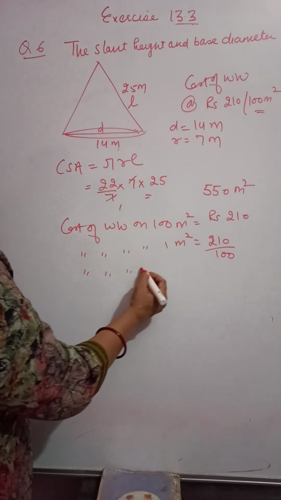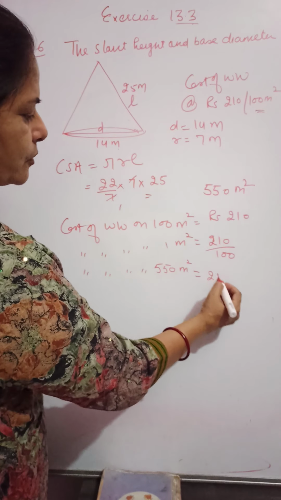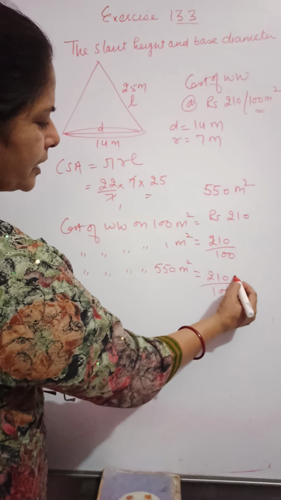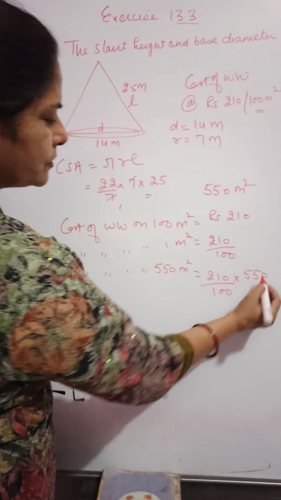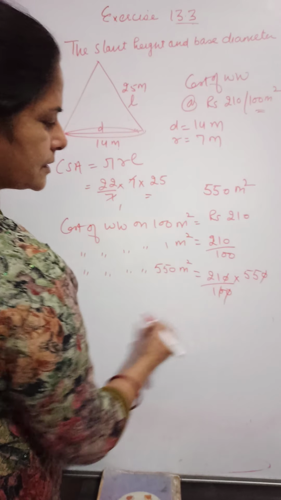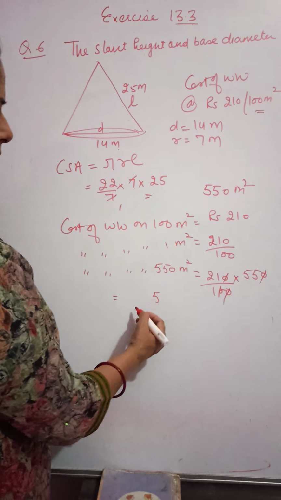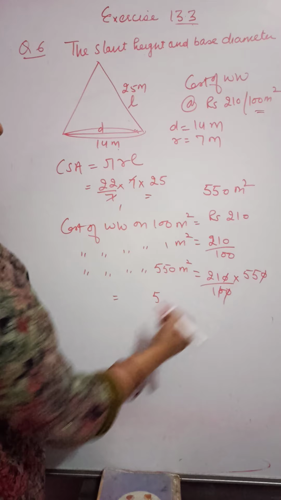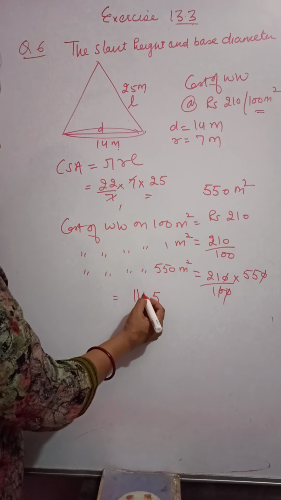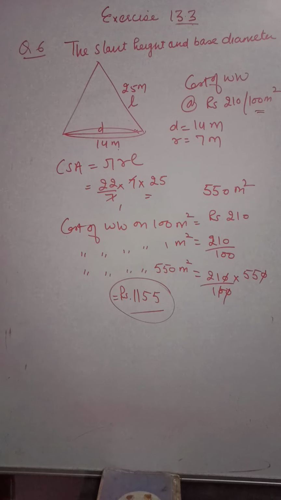The cost on 550 meter square will be 210 upon 100 into 550. 0 cancels with this 0, this cancels with this 0. We will be getting 21 into 55, which is 1155. It will be rupees 1155.